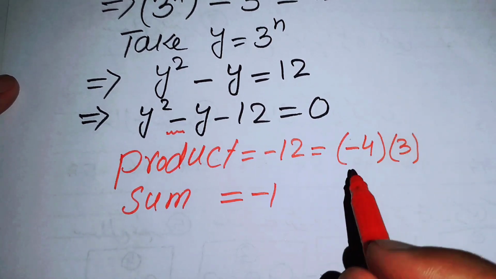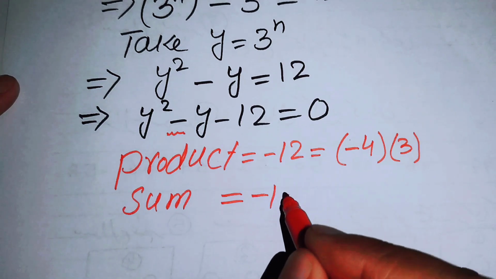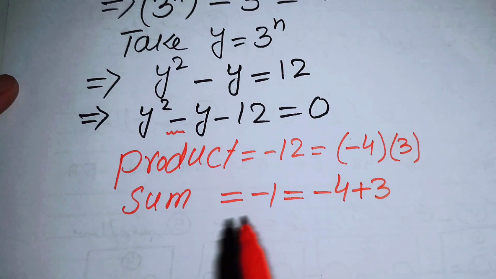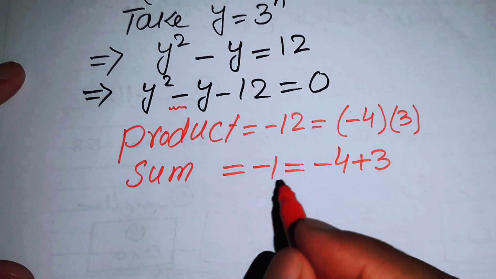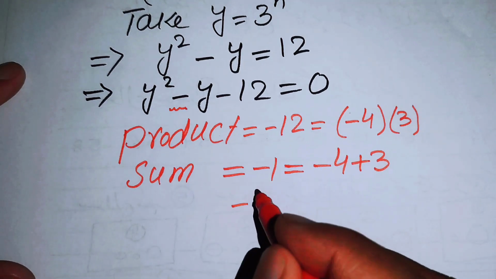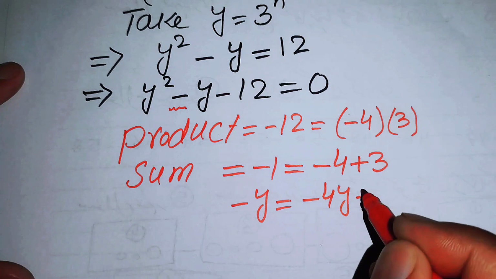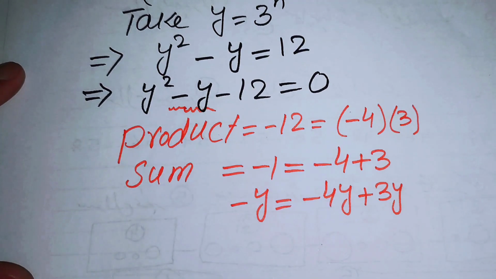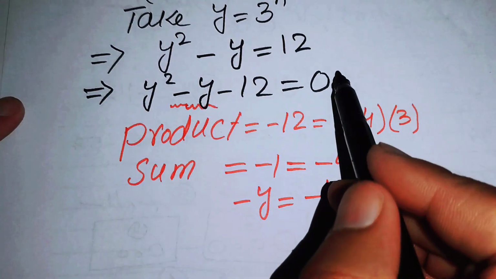So when you multiply minus 4 times 3, it becomes minus 12, and when you add minus 4 plus 3, you get minus 1. So now we can replace this minus y by minus 4y plus 3y.